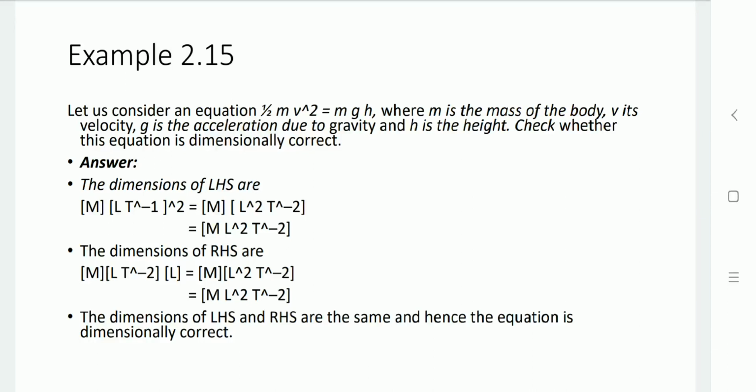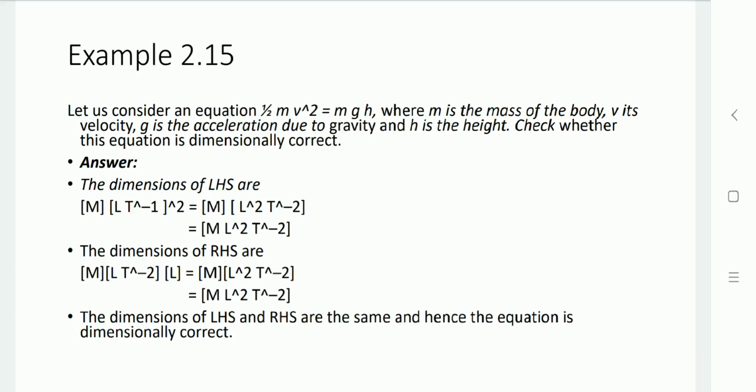For LHS, 1/2 mv square, 1/2 we are not going to consider as it is a magnitude. m, that is mass, v square: v, velocity, that is distance per time, that is L t inverse, raised to 2. So we are having the expression m L square t raised to minus 2.